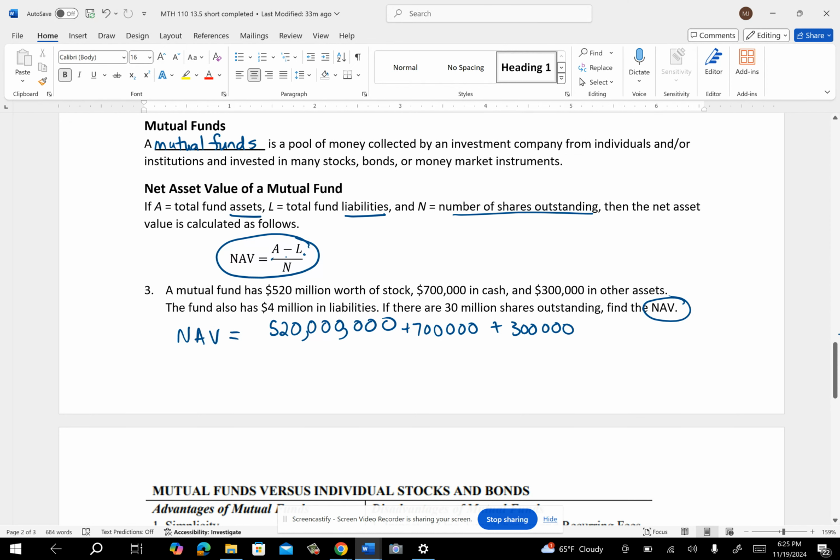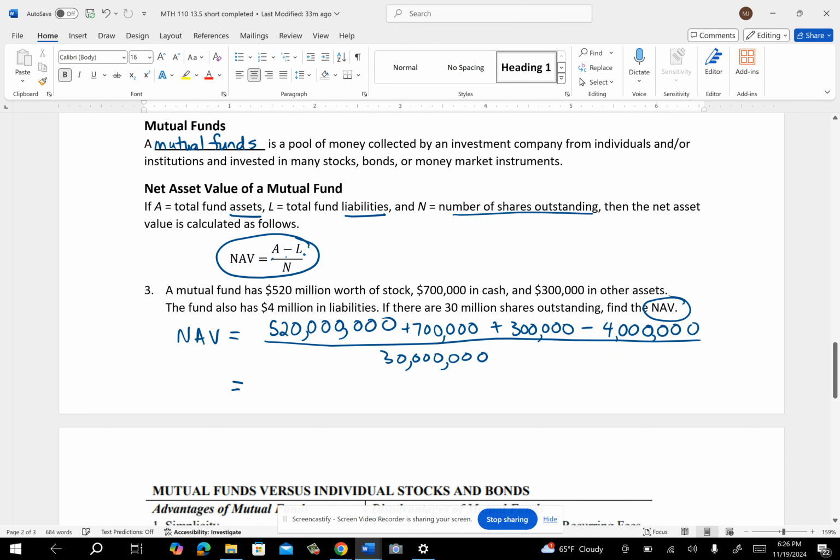But then they have 4 million in liabilities, so that needs to be subtracted. And then there were a total of 30 million shares.